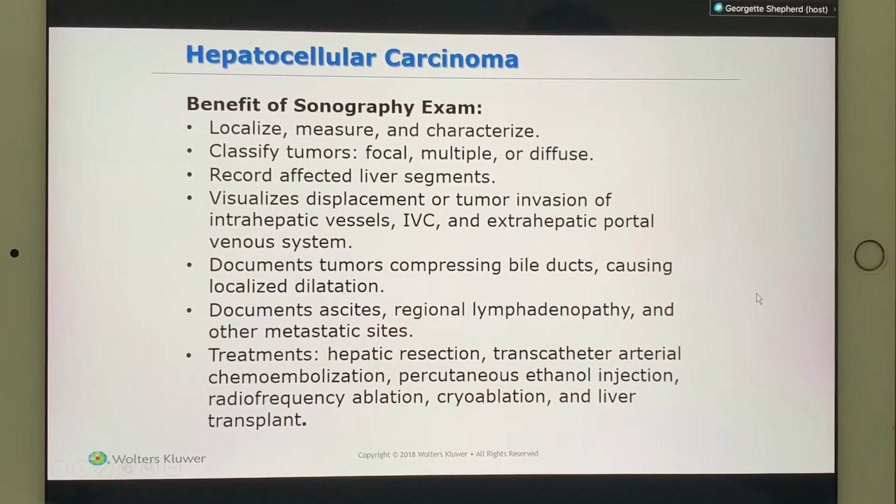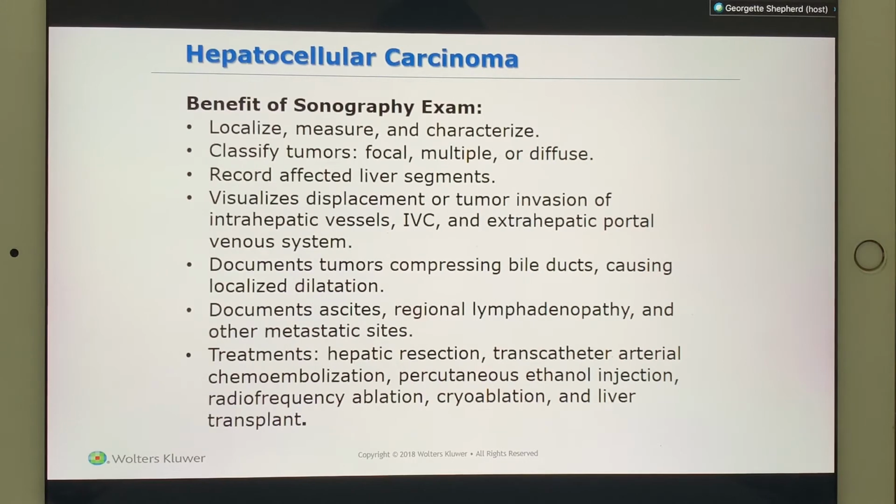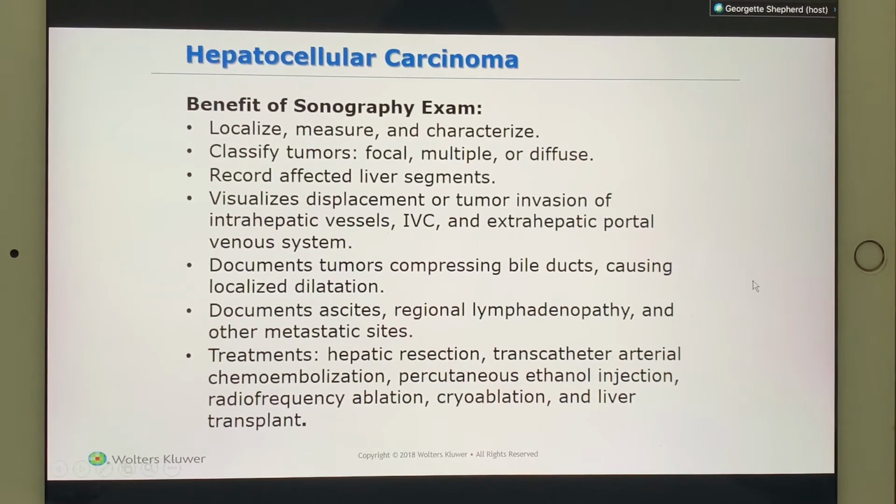When we see the disease process, we're going to localize it, we're going to measure it, and then we're going to tell the doctor specifically what it looks like. Is it focal? Is it multiple? Is it diffuse? What section of the liver is going to be involved? Is it invading the intrahepatic vessels?